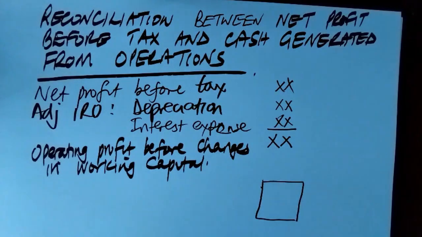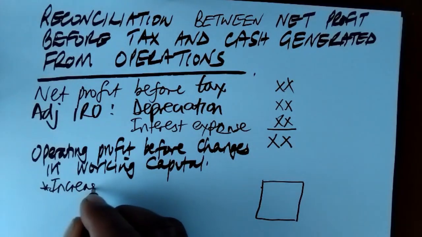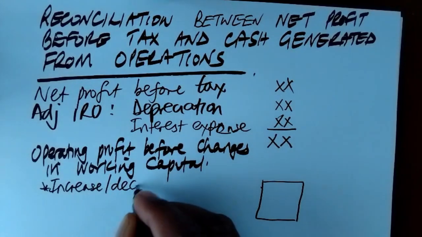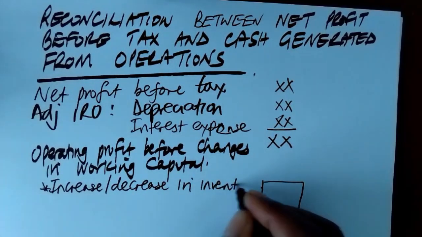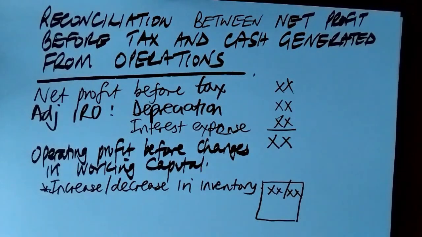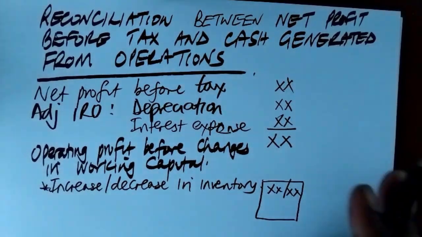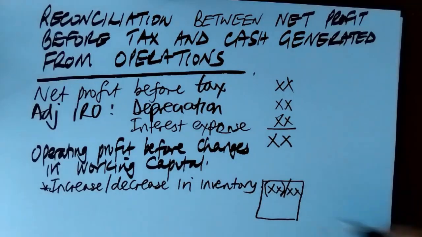So what happens here is, firstly, it could be an increase or decrease in inventory. An increase in inventory means you bought stock. If you bought stock, it is negative. A decrease in inventory means you have sold stock, which is positive.